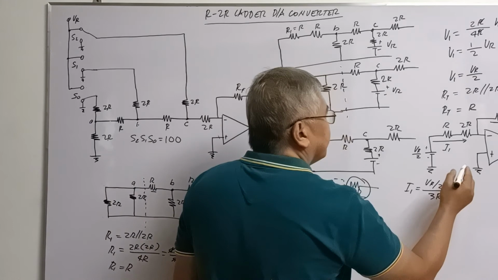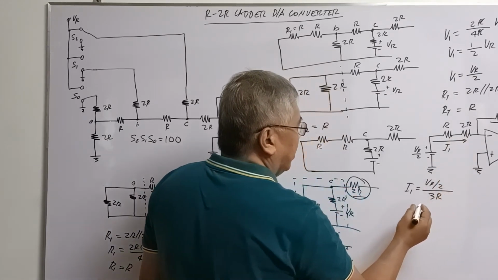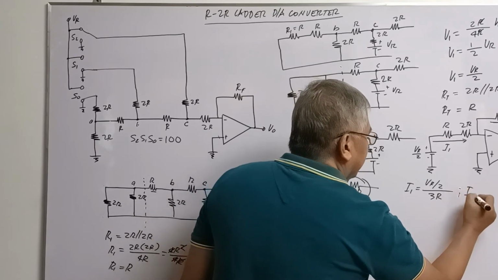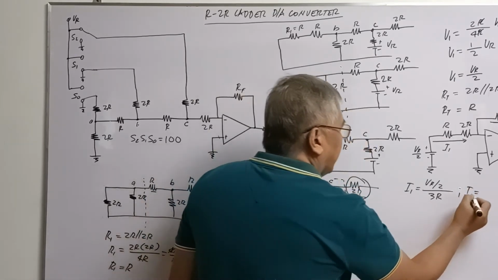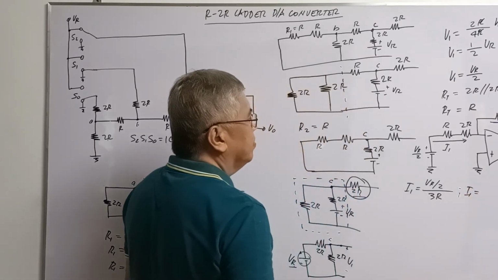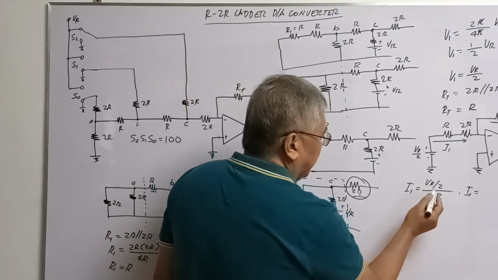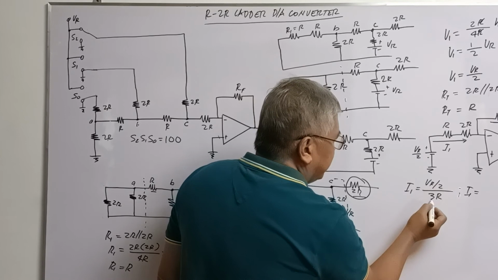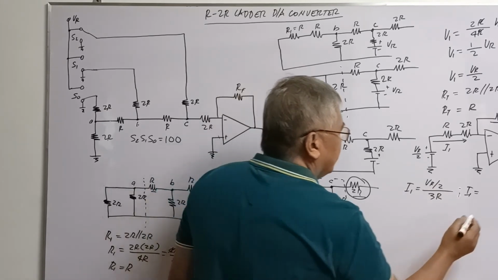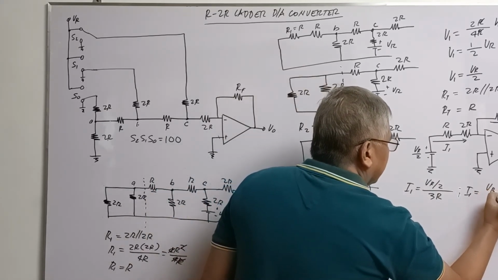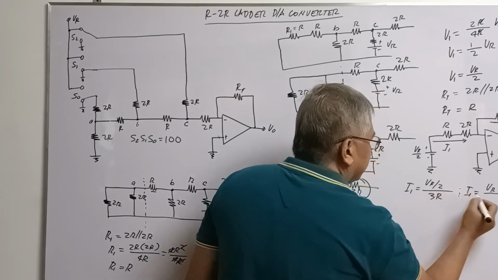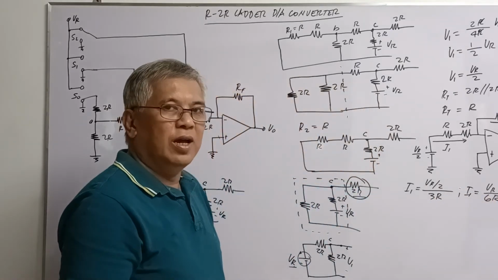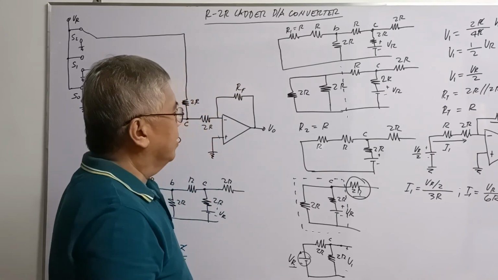And then, that is your current I. Or current I, therefore, is equal to, or I1 is equal to, what? The 2 here will be placed under. So you will have VR over 2 times 3 is 6R. That will be your I sub 1.